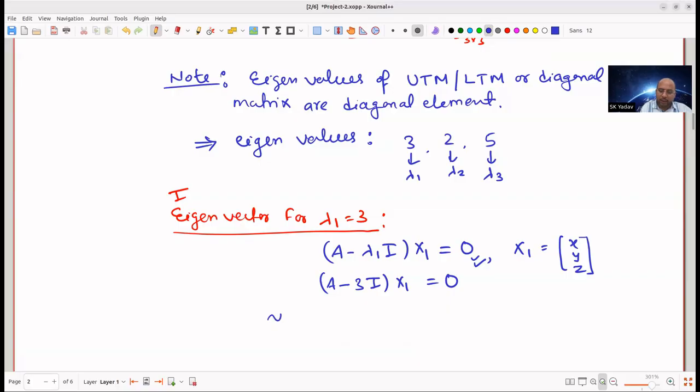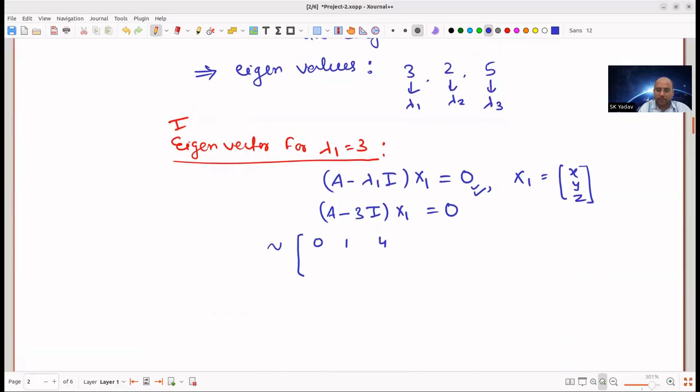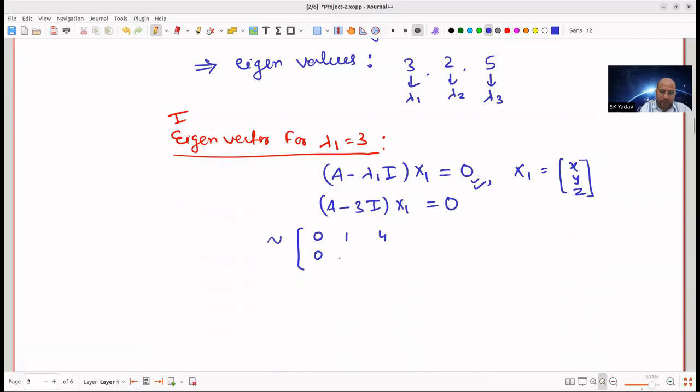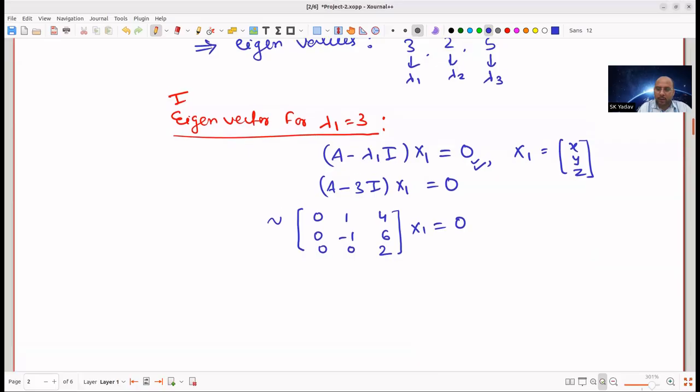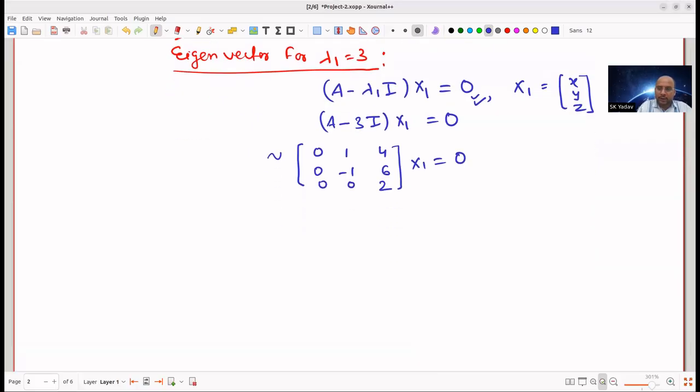If I subtract this 3I from A, I have the equivalent matrix, because 3 minus 3 will be 0 here, and then 1, 4, and in the second row 0, then minus 1, and 6 is there, next 0, 0, and 5 minus 3 is 2, times x1 equal to 0.